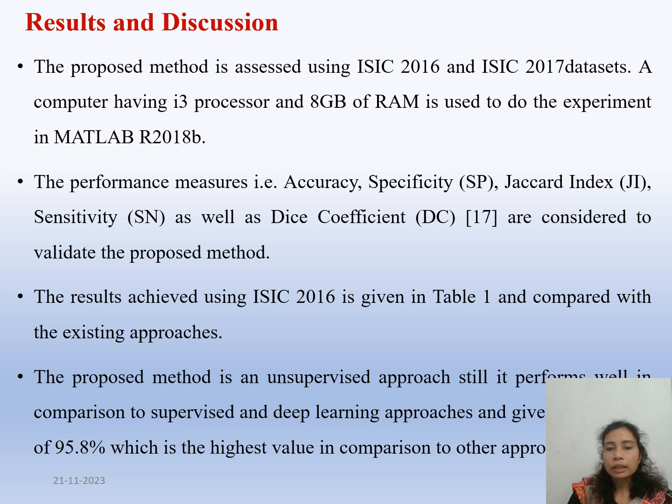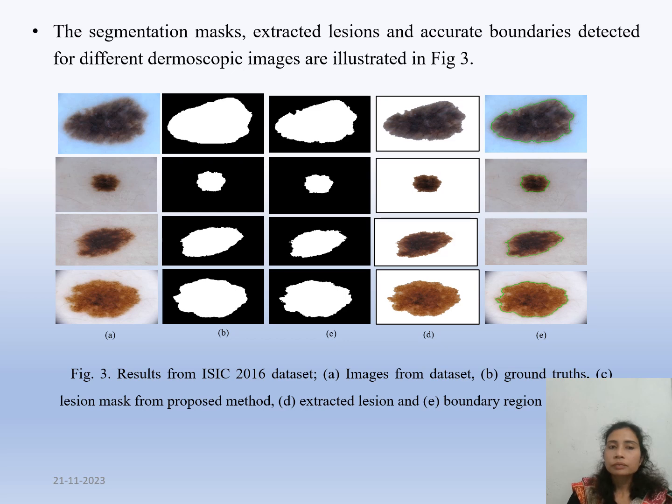The proposed method is an unsupervised approach, still it performs well in comparison to supervised and deep learning approaches. And it gives 95.8% accuracy, which is the highest value in comparison to the other approaches. And the segmentation masks, extracted lesion and accurate boundaries detected for different dermoscopic images are illustrated in this figure.